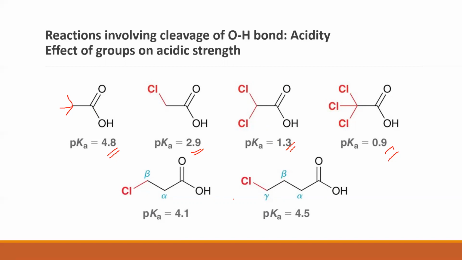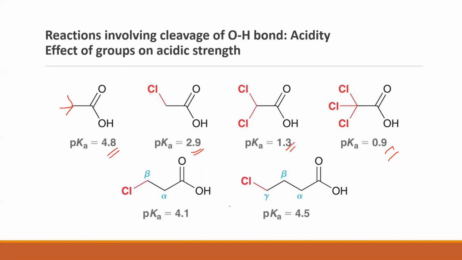Now I want you to look at these two cases. I just want you to observe these two compounds and find out how these two are different and what is causing the difference in the pKa values. Of course, the difference is slight, 0.4 variation, but still there is a difference.